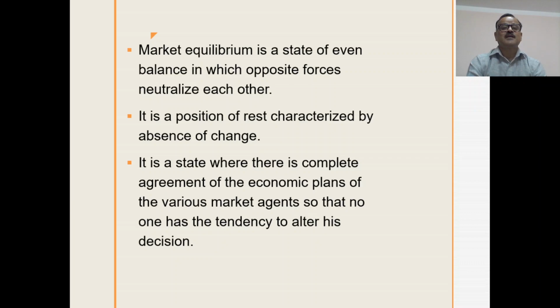That condition is the equilibrium condition. It is a state where there is complete agreement of the economic plans of various market agents so that no one has the tendency to alter his decision. No changes at all. Standstill position. That kind of position is called equilibrium position.